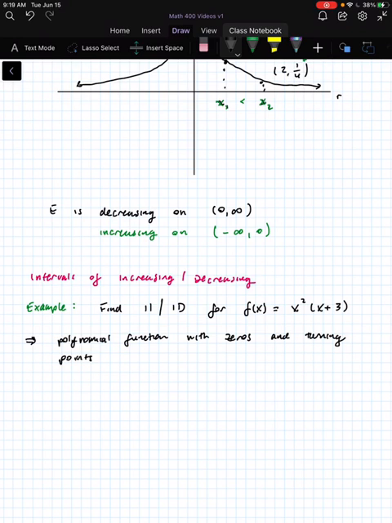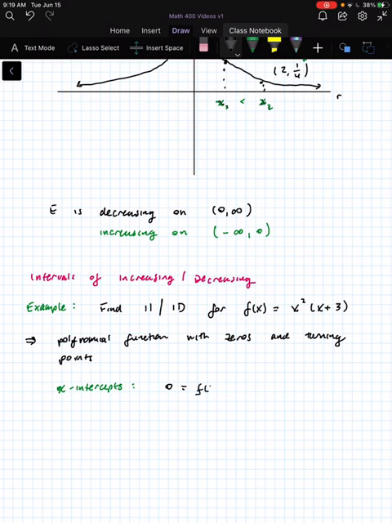Specifically, if we graph this, let's think about what the zeros are. So in other words, the x-intercepts.